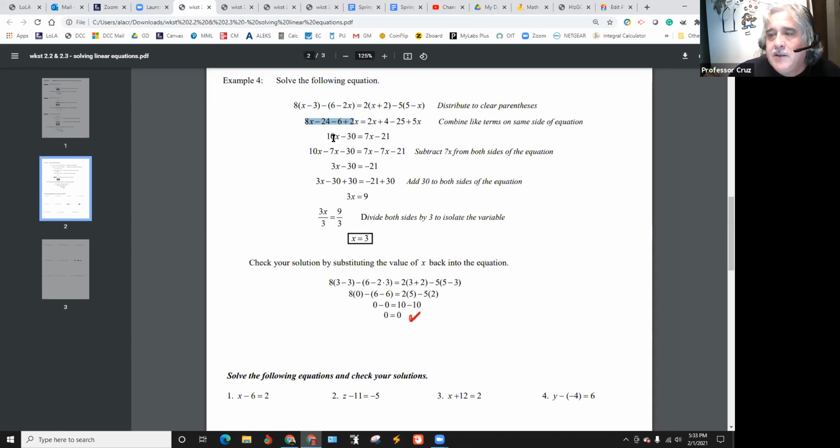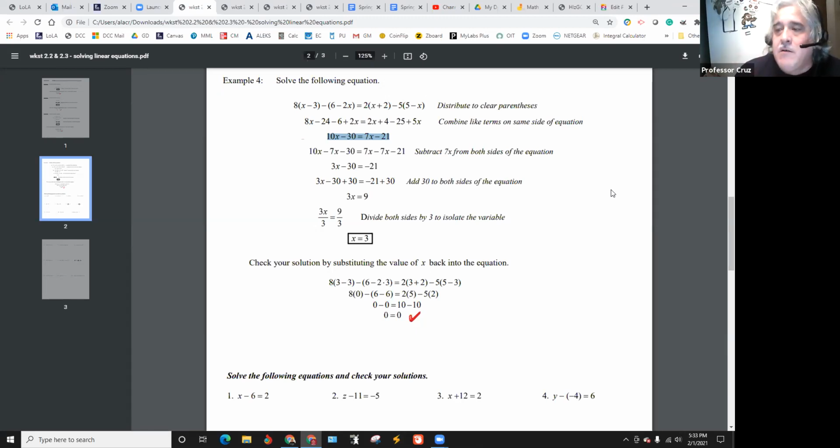We got an 8x and a 2x, which is a 10x. Negative 24 and negative 6 is negative 30. Then over here, we got a 2x and a 5x, that's 7x. 4 take away 25 is negative 21. And there we are before we get ready to do our algebraic properties.